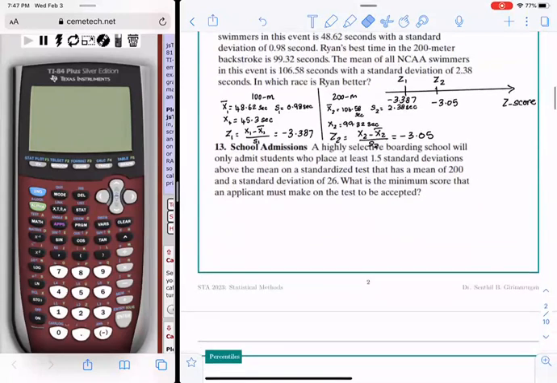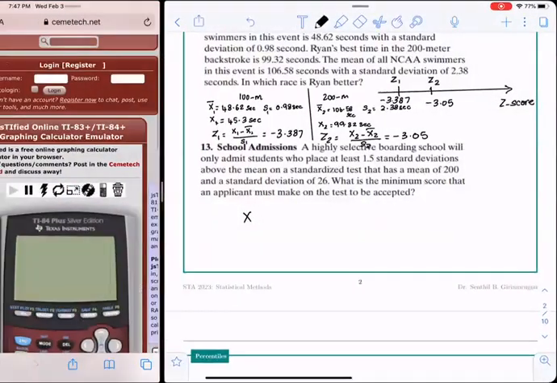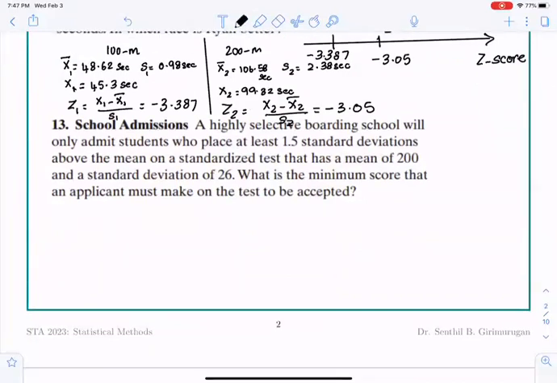We know the formula to find the value of an observation X if a Z score is given, which is X bar plus Z multiplied by S. X bar in this case is 200, Z is 1.5, the standard deviation is 26.